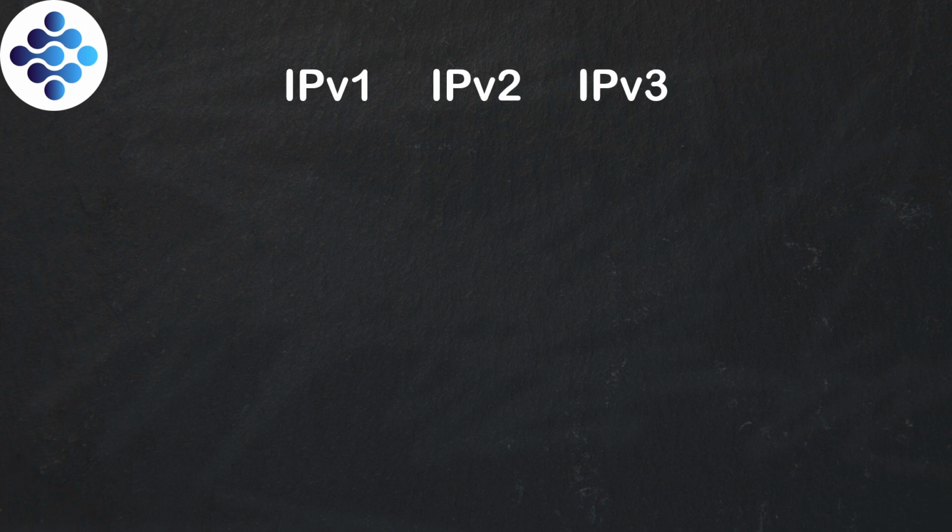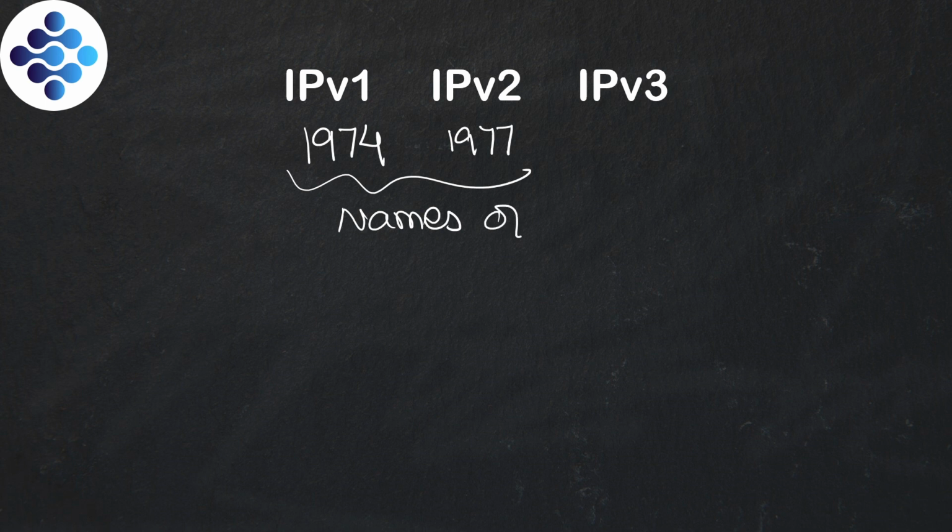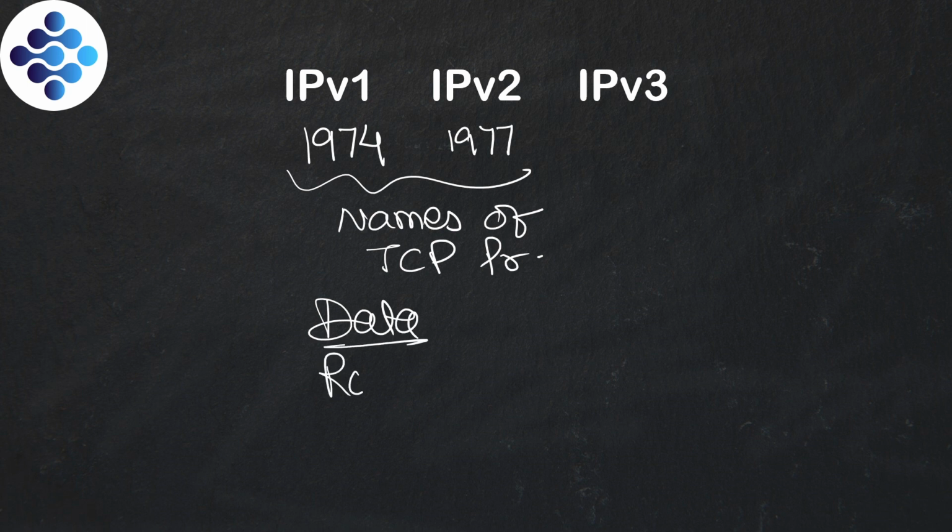Now let's talk about IPv1 and IPv2 together. This came in 1974 and this came in 1977. Both of them are nothing but just names of the TCP protocol, because at that time the data and the routing both were being sent on TCP only.